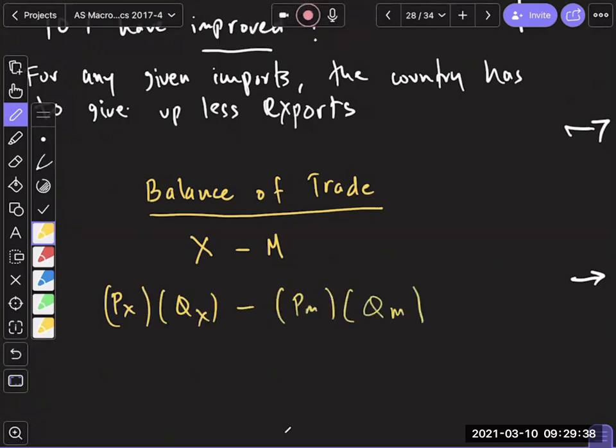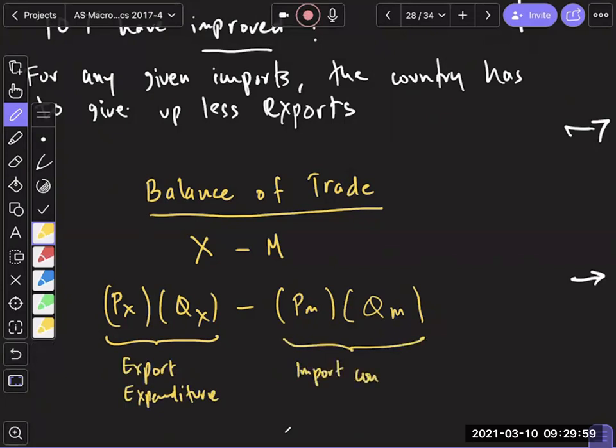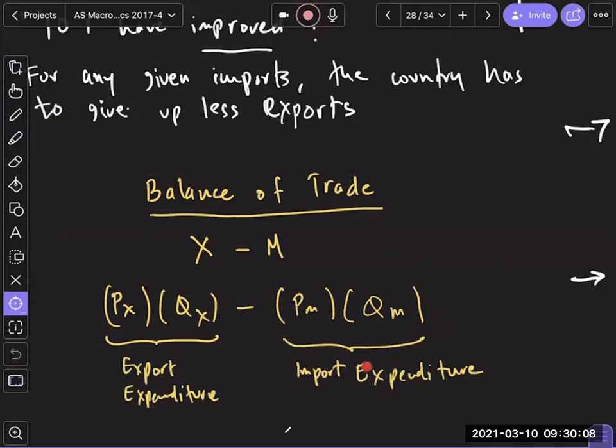So balance of trade would be the export expenditure, or revenue, done by foreigners, minus the import expenditure done by domestic consumers or domestic firms. Are you all with me? Does that make sense? So export expenditure minus import expenditure will be your balance of trade, right?